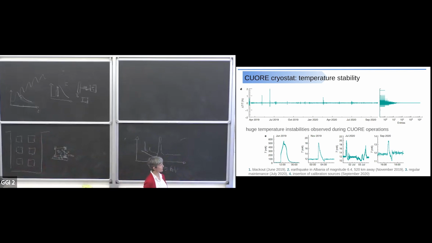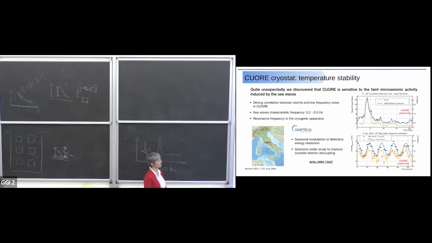But I show you this because earthquakes are a problem. We often have to reject data during earthquakes. And we see earthquakes also in Australia or in Japan and so on. And we also discovered that there is a clear correlation between the noise that we see in our detectors and the sea waves in the Mediterranean Sea.